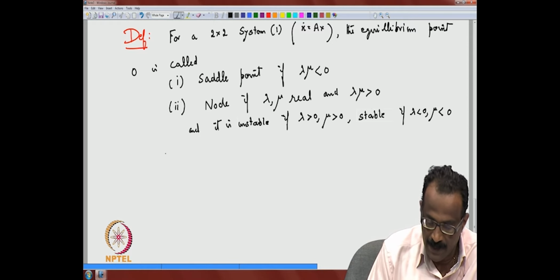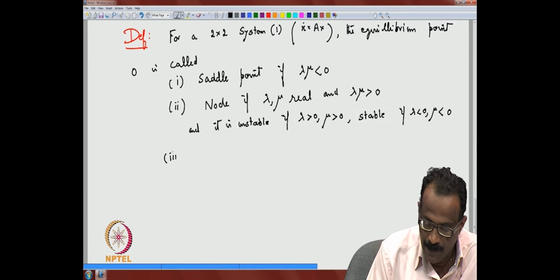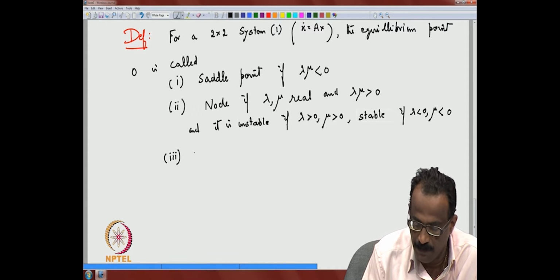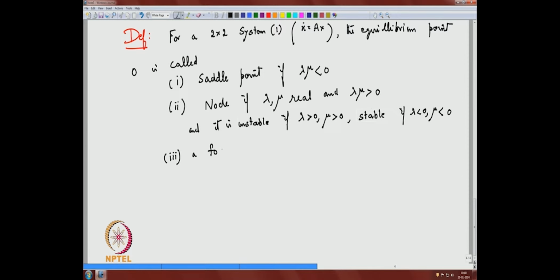Okay. And the third situation: the equilibrium point is a focus, called a focus, if lambda, mu are complex with the real part of lambda not equal to 0.